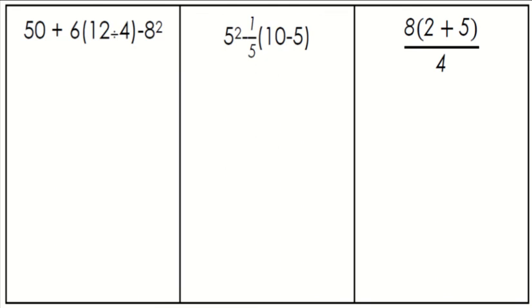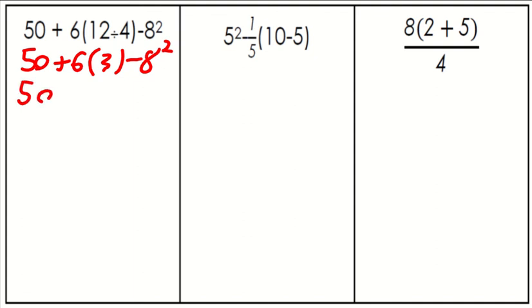There at the bottom of 110, same type idea. So we got 50 plus 6 times, we do the parentheses. 12 divided by 4 is 3 minus 8 squared.